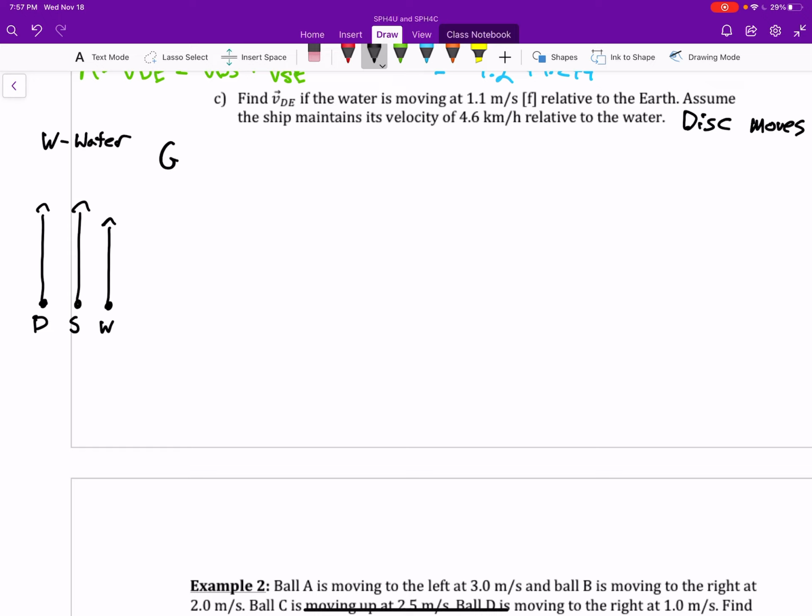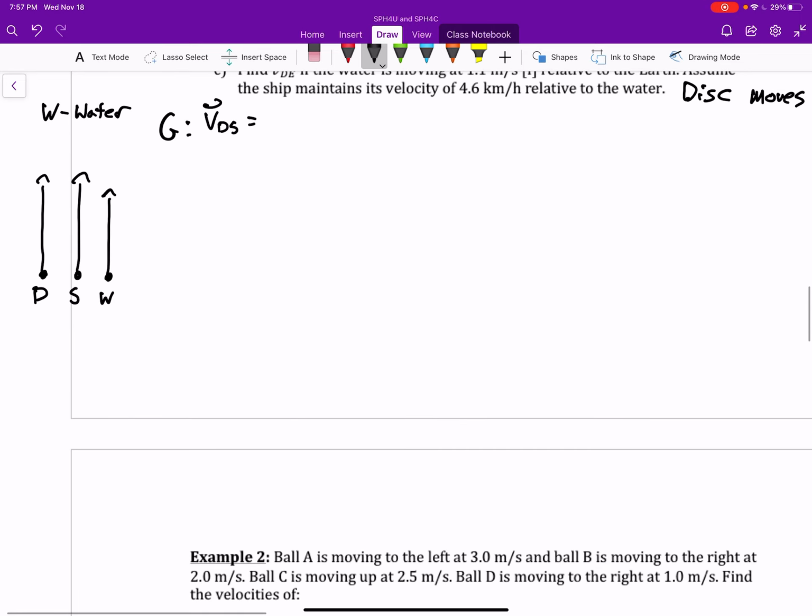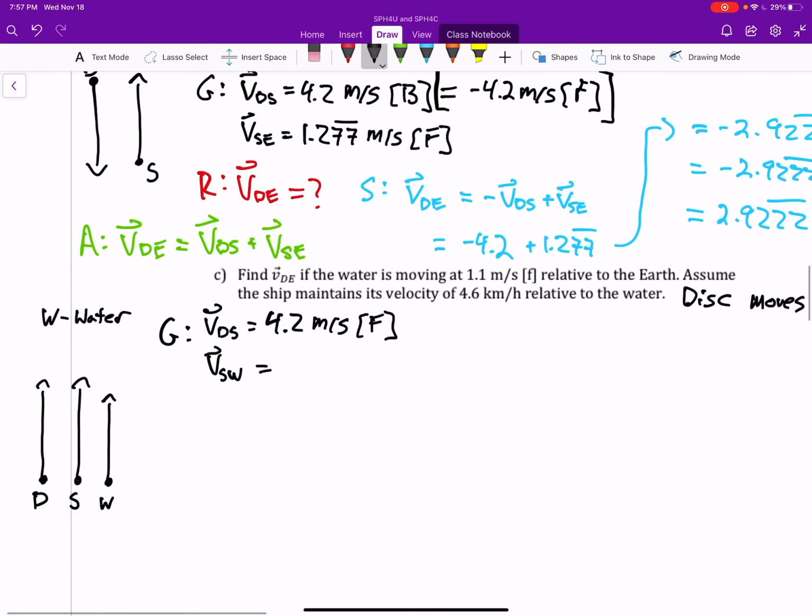So we are given the velocity of the disk relative to the ship, which is the same as it was in the beginning, 4.2 meters per second, and this is forward again. We have the velocity of the ship, this time relative to the water, not the Earth, but it's moving with that same velocity.